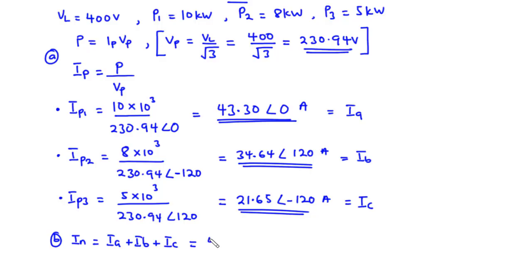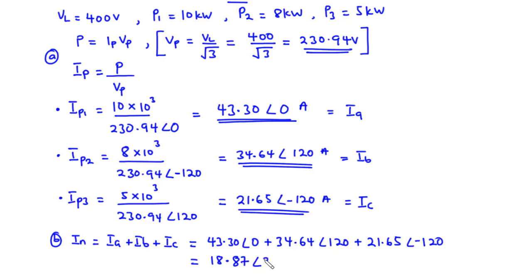So that's going to be 43.30 polar 0 plus 34.64 polar 120 plus 21.65 polar negative 120, and then adding these phases, we are going to get 18.87 polar 36.588. So this is the value of current flowing through the neutral conductor.